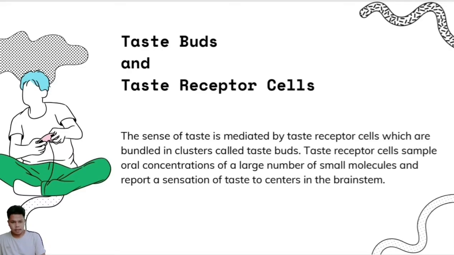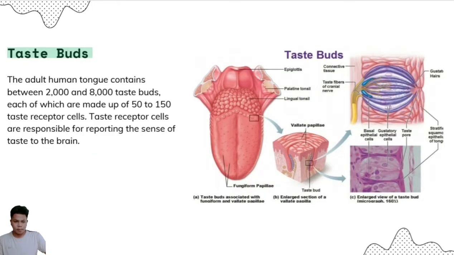In most animals, including humans, taste buds are most prevalent on small pegs of epithelium on the tongue called papillae. Taste buds are small organs located primarily on the tongue. They allow you to experience tastes that are sweet, salty, sour, and bitter.